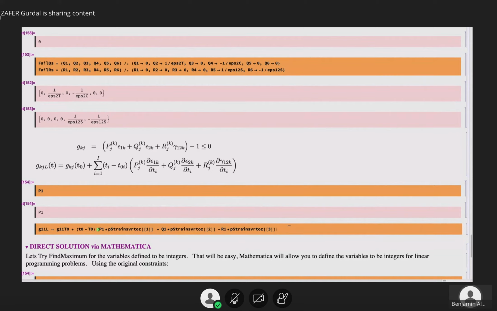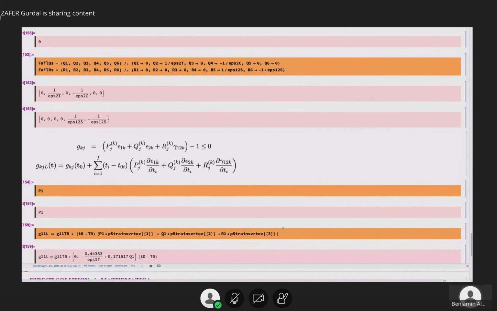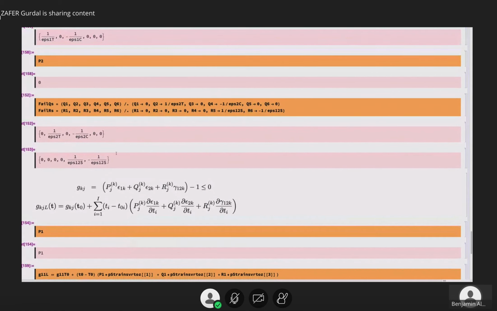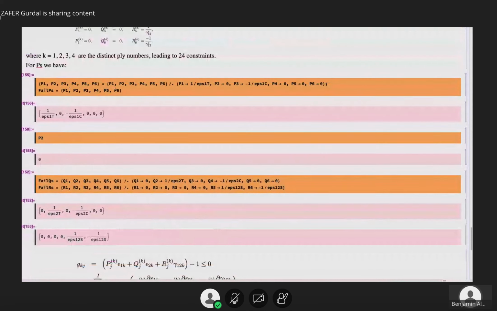Just for the sake of showing you what that reduces to, we have the Q1. Is that Q1 not defined? Oh yeah, they are not defined. I had to do the same thing for these.